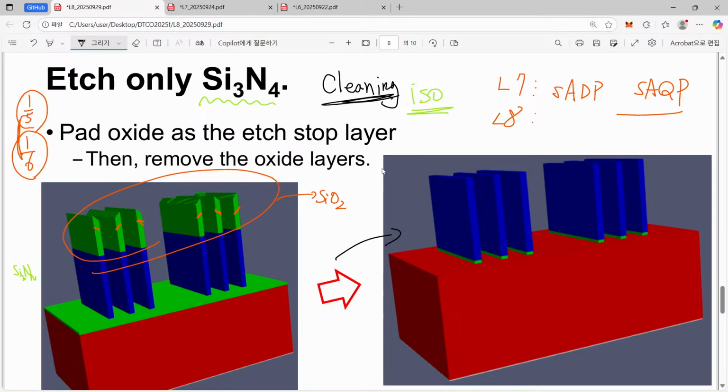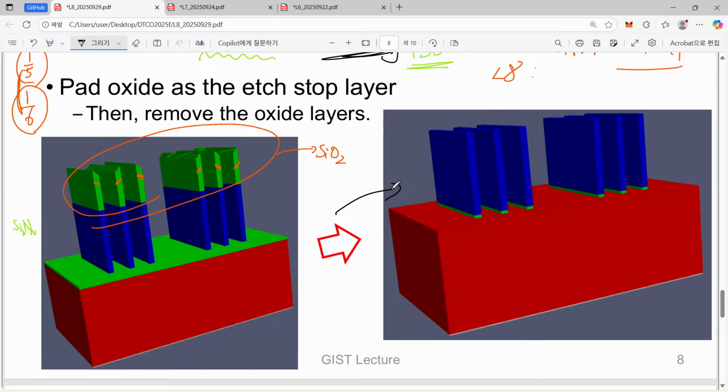Well, now we are quite happy to have this patterned hard mask. Then you may think that the later part is quite straightforward. Now we can also once again etch the silicon part with this hard mask.